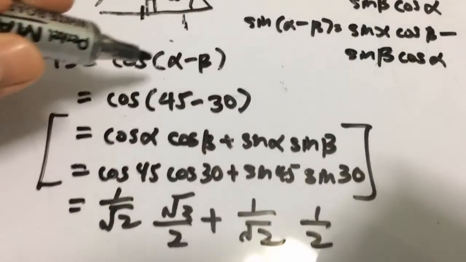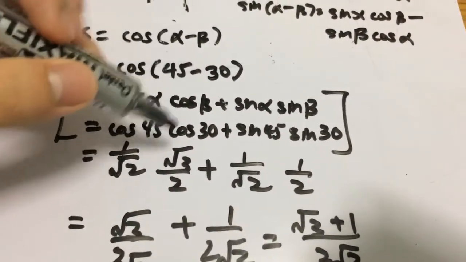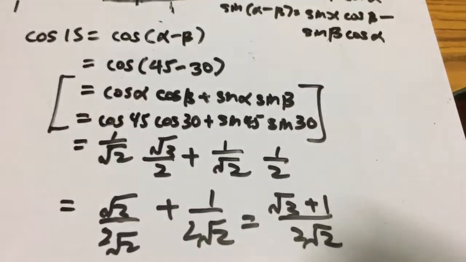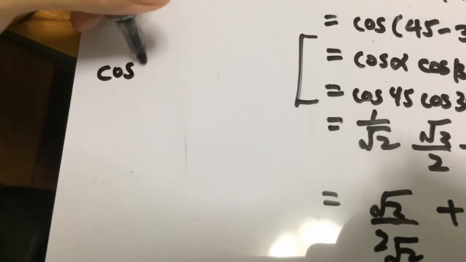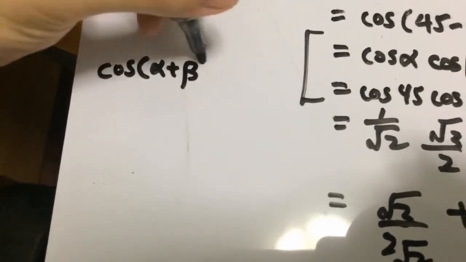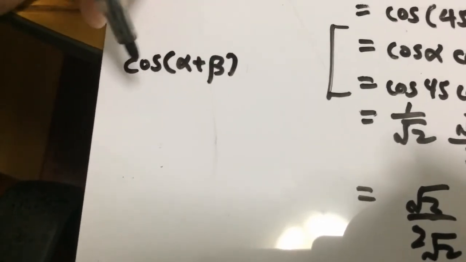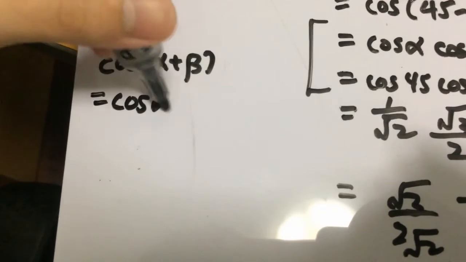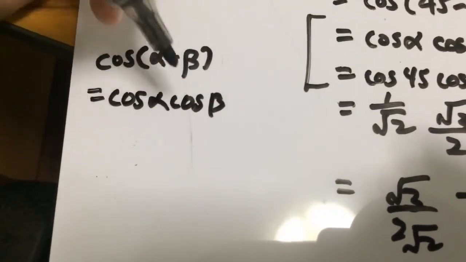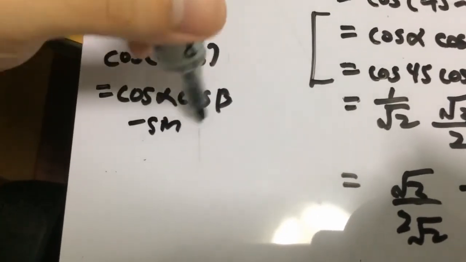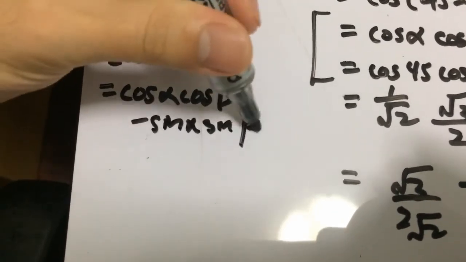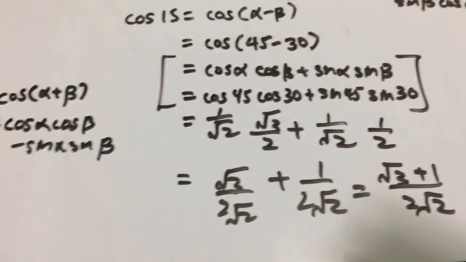And cosine alpha minus beta is cosine alpha cosine beta plus sine alpha sine beta. And last but not least, we have cosine alpha plus beta, which is equal to cosine alpha cosine beta minus sine alpha sine beta. So that's about it.